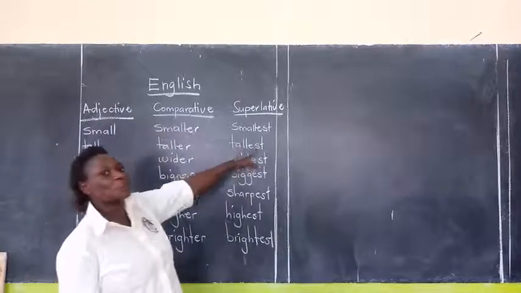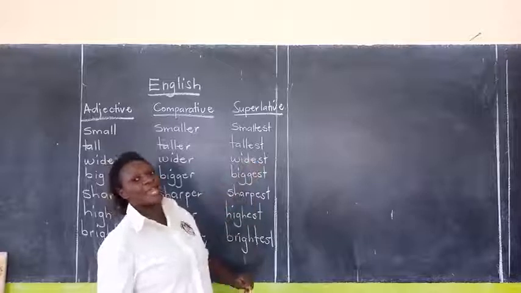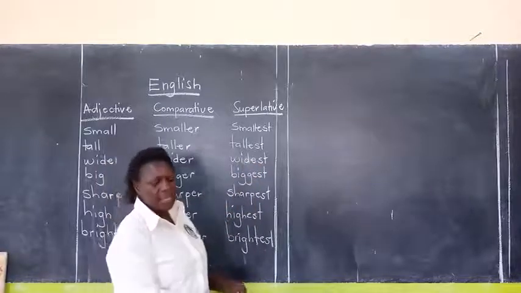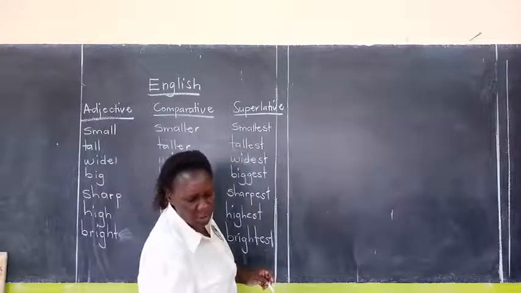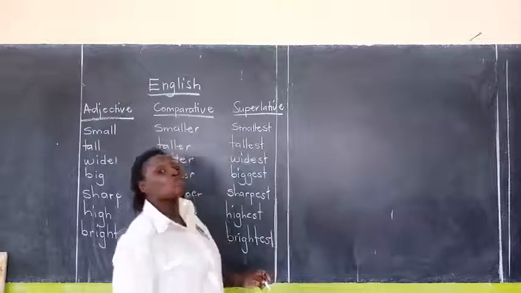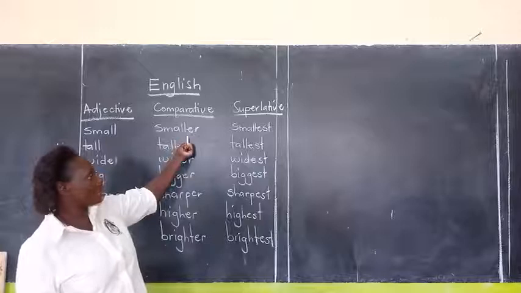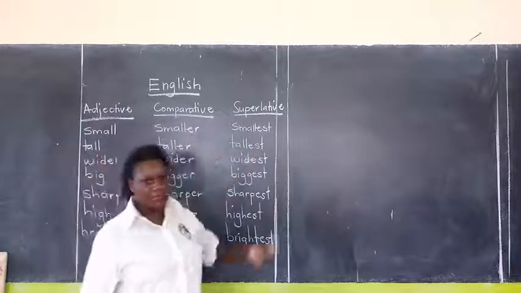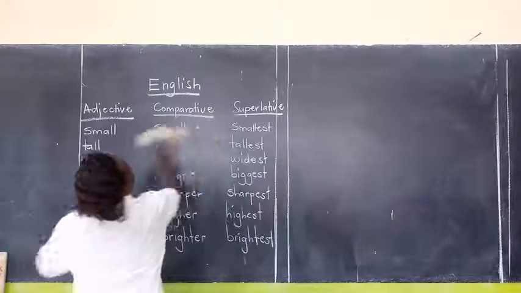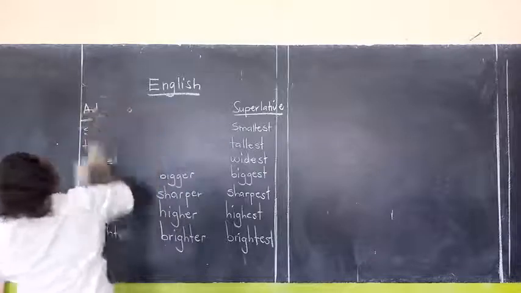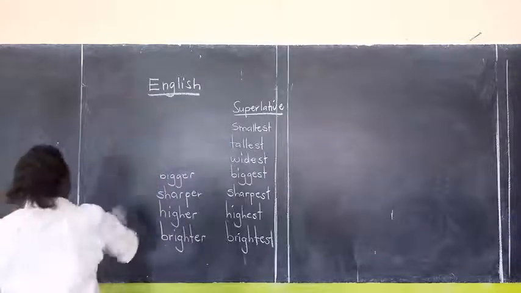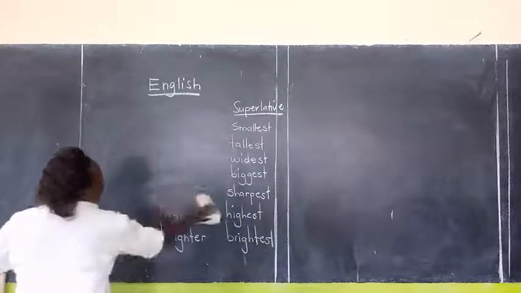And when it comes to the superlative, we add est. Then now, we are going to look at another group of adjectives and how they change to their comparative and superlative. Let me clean off this one here because we learned it already.